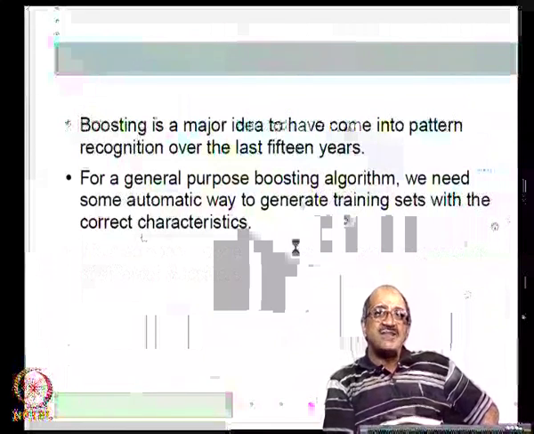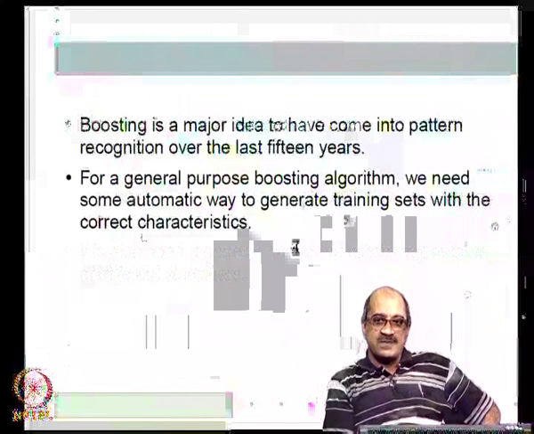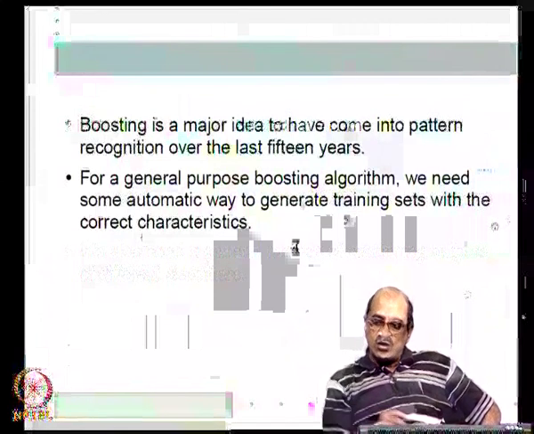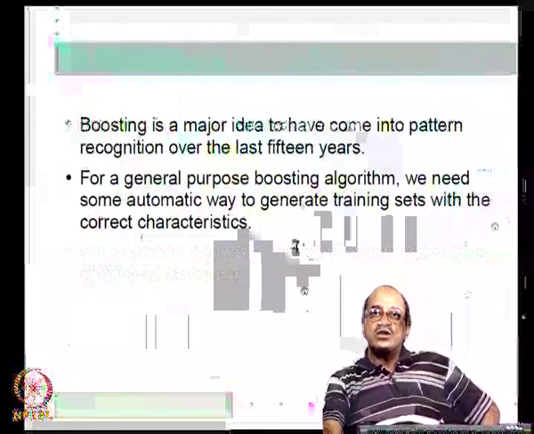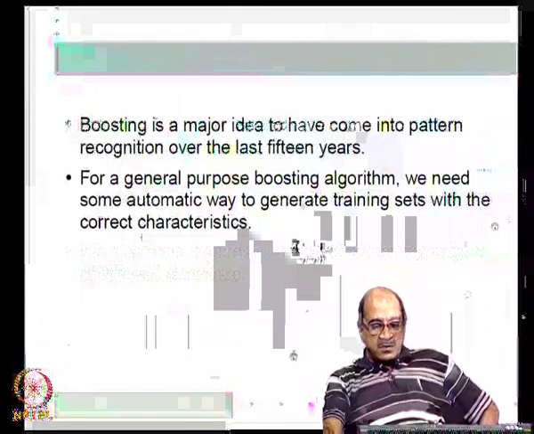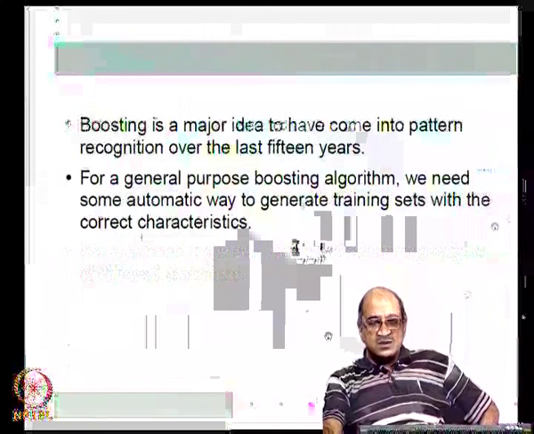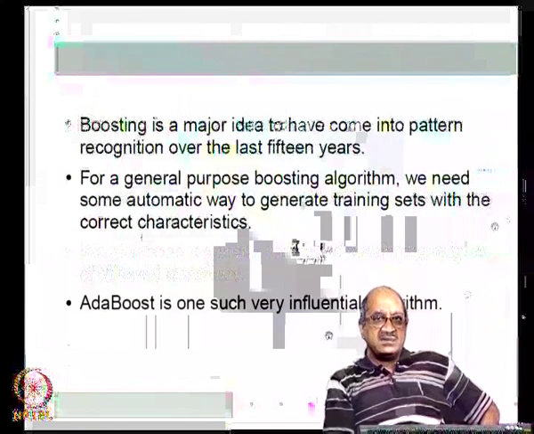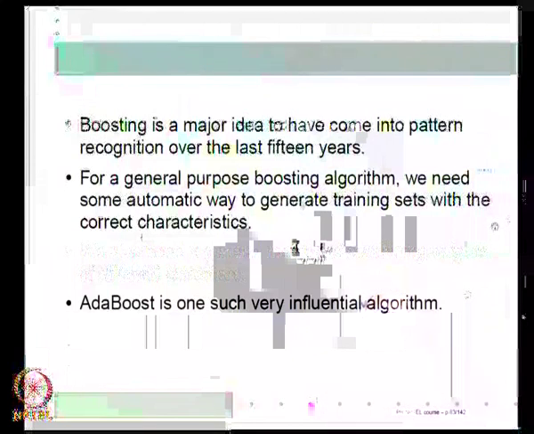And we also need some general method of combining outputs of different classifiers. What kind of averaging, what kind of majority is right. So, any boosting algorithm has to do these two. Okay. What we are going to do is to look at one such algorithm, which is called AdaBoost. It is a very influential, one of the most important and most popular boosting algorithms.